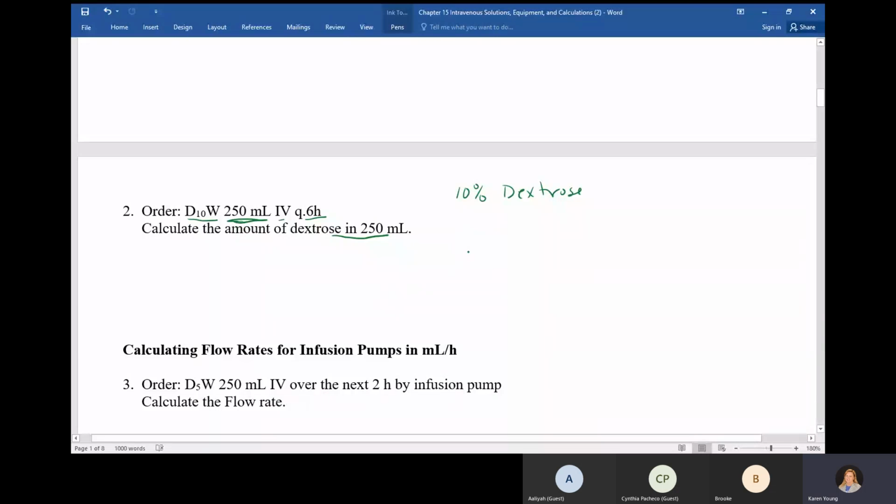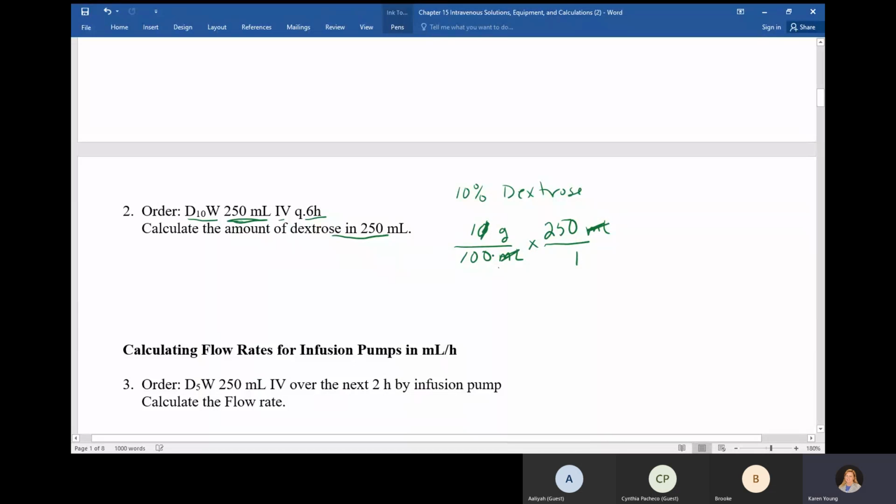The 10% works the same way as the 5% as far as calculations. It's 10 grams per 100 milliliters. And then if I want to know how many are in 250 milliliters, I'm just going to multiply it by 250 milliliters. I'm wanting to calculate the amount of dextrose, so I want to know the grams. So my milliliters are going to cancel.